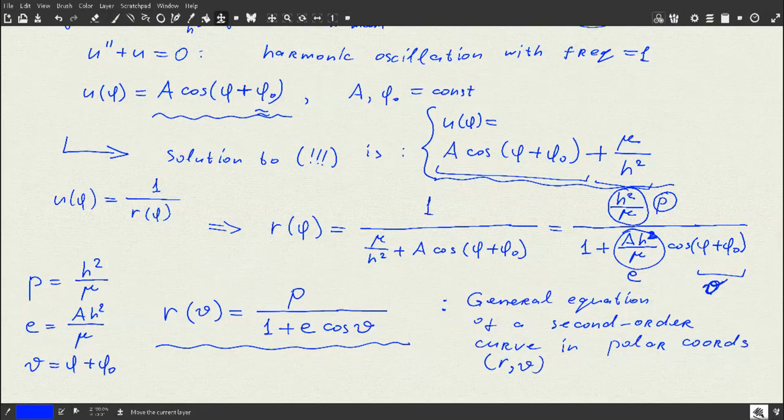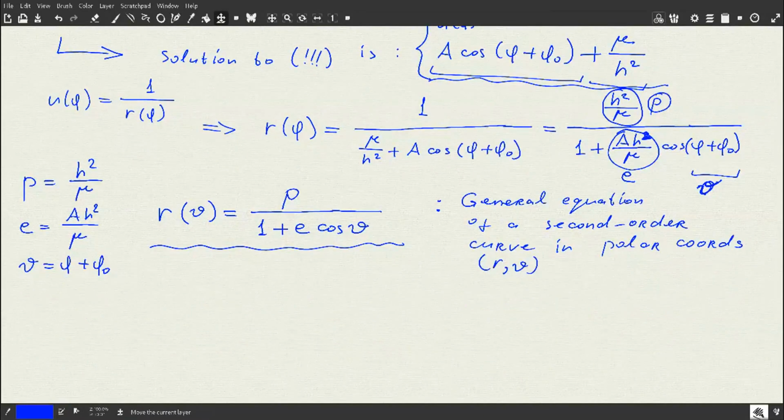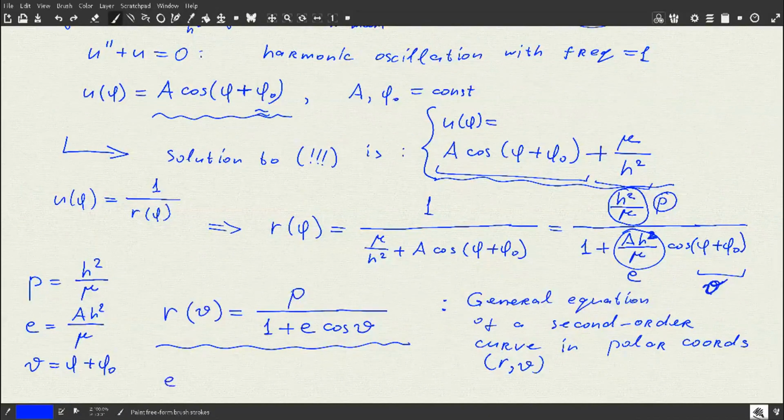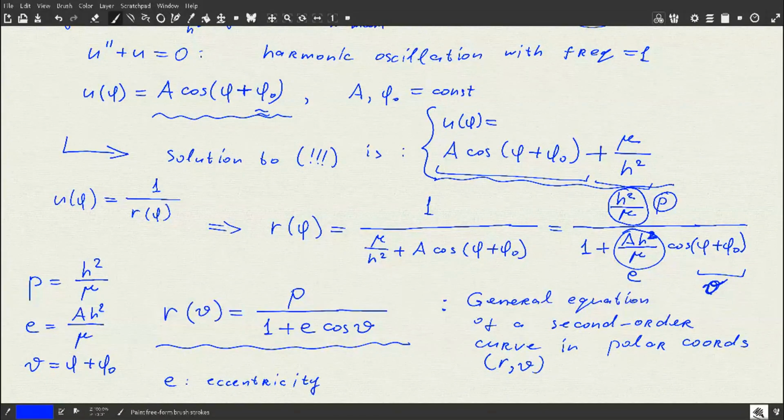In particular, if eccentricity is 0, E is eccentricity, as we have seen from our conics part of the course, E equals 0 is a circle.